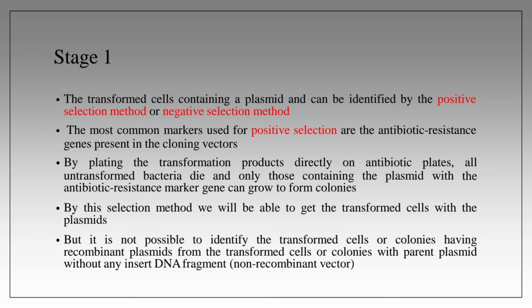By this selection method, we will be able to get the transformed cells with the plasmids. But it is not possible to identify the transformed cells or colonies having recombinant plasmid from the transformed cells or colonies with parent plasmid without any insert DNA fragment, the non-recombinant vector.